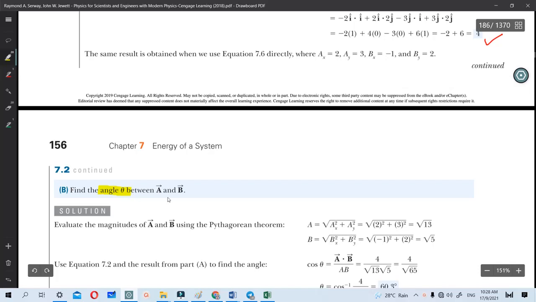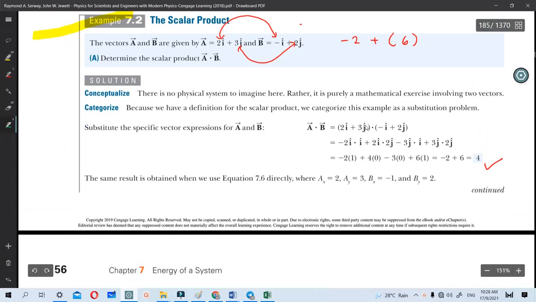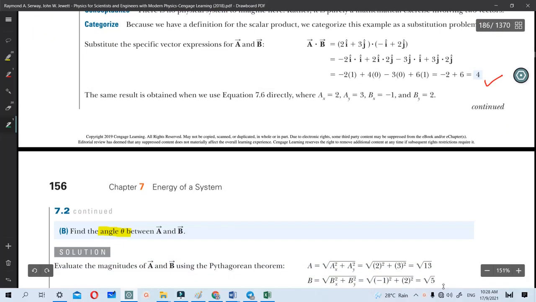B, find the angle between A and B. Alright, you have two options actually. The first option is by looking at the figure, which is a little bit harder. So A just now is 2, 3. So 2 and 3. So this is 2. This is 3.